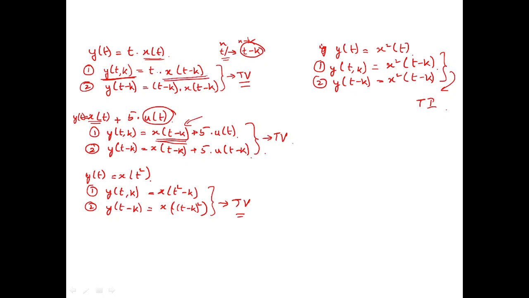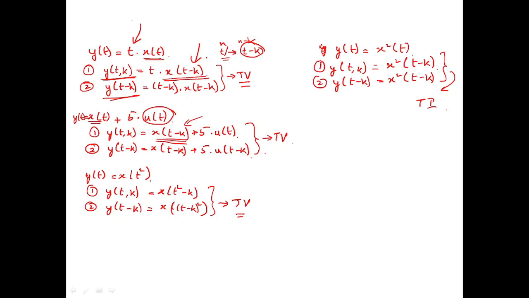That means the signal has been delayed. So y(t, k) is the signal due to the delaying of the input.